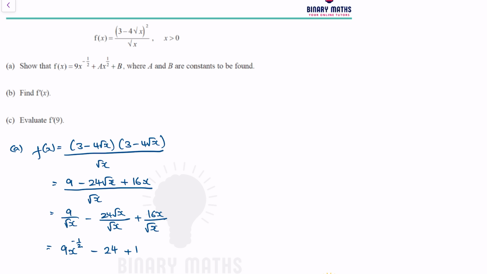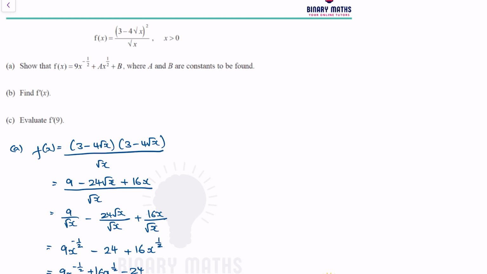And the last term is 16. X divided by root x is x to the power of 1 take away a half, which is x to the power of a half. If I want to rewrite this in the form that they have in part A, then I get 9x to the minus half plus 16x to the power of a half minus 24, which implies A is equal to 16 and B is equal to minus 24.